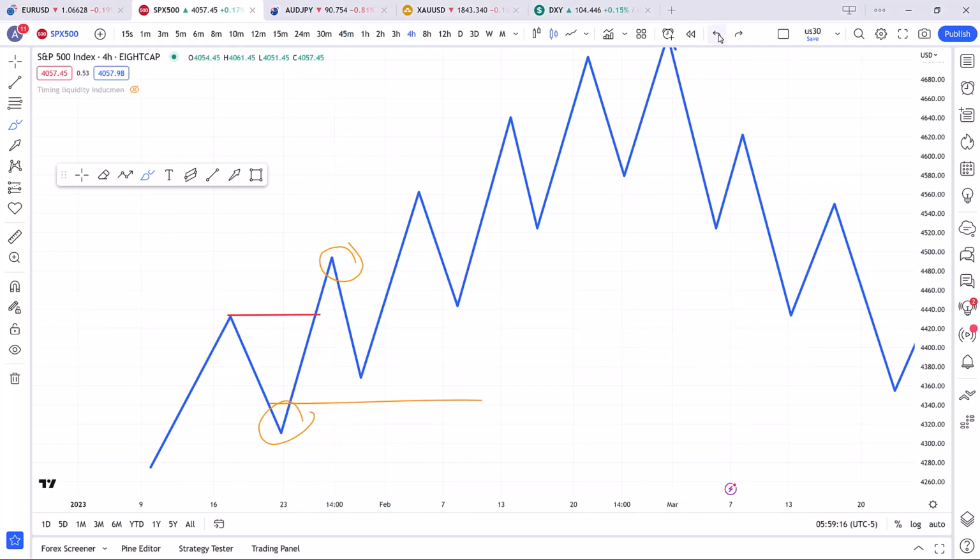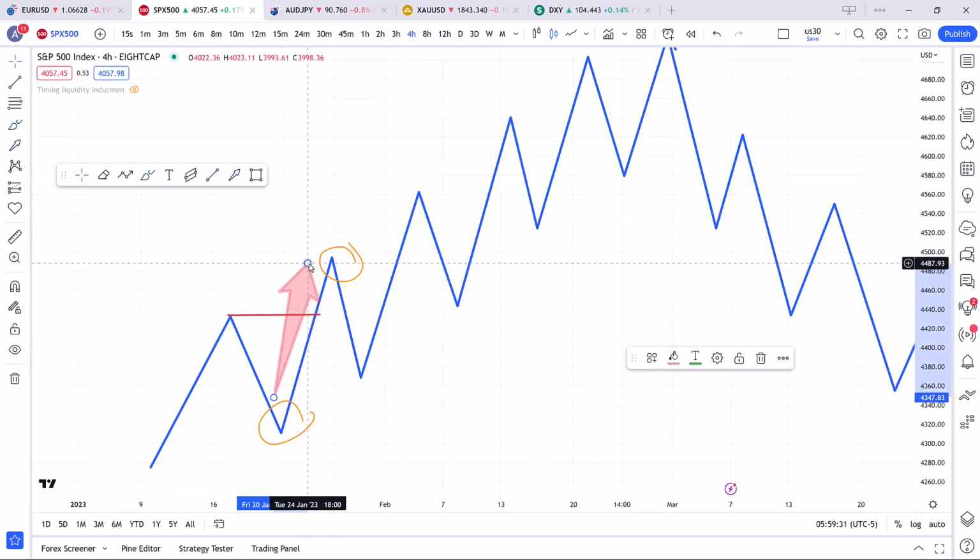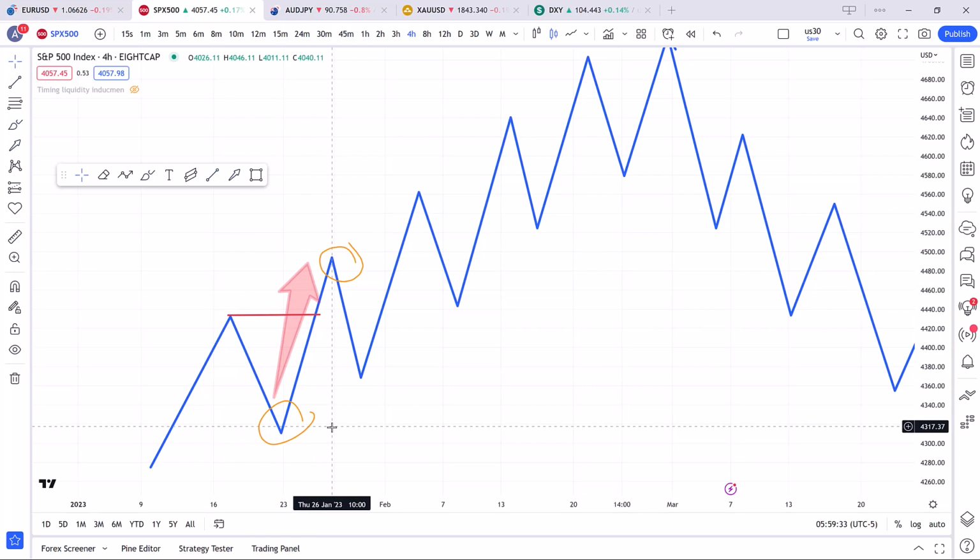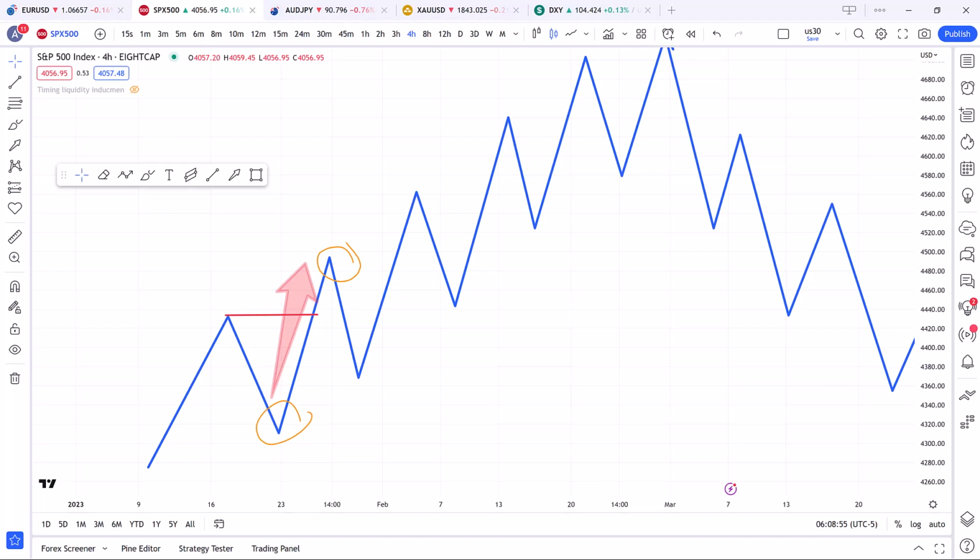So we assume that the low that broke the high is protected, and the high that didn't do anything is going to be a liquidity point and get liquidated. The point from here to here is our trading range. So we want to identify this from the low that broke the structure to the high that started to pull back. Let's see some simple examples and then hit the charts.